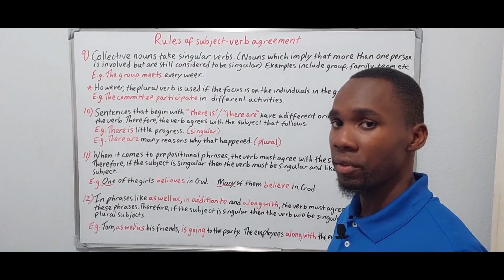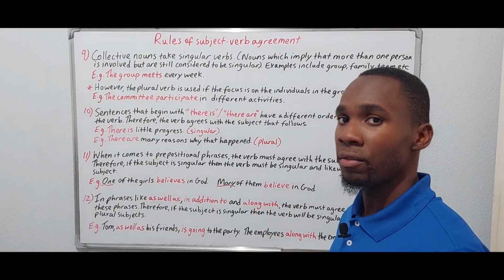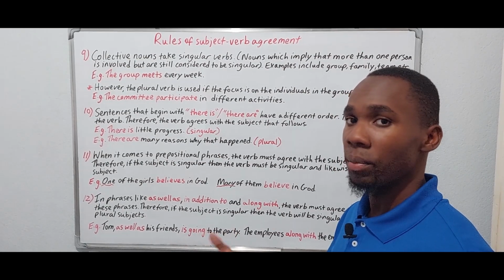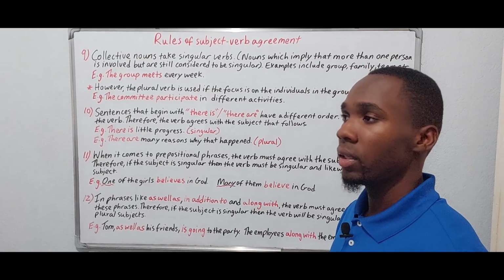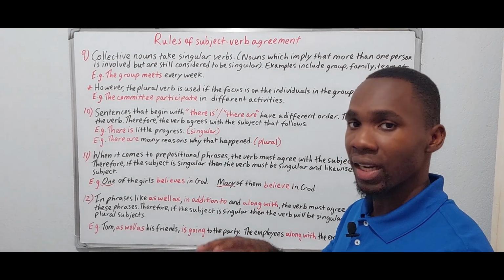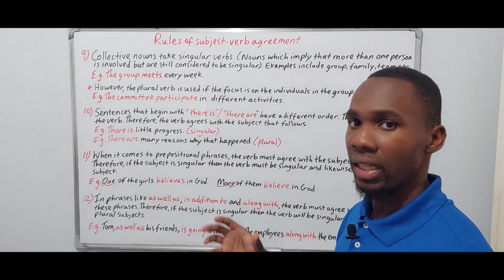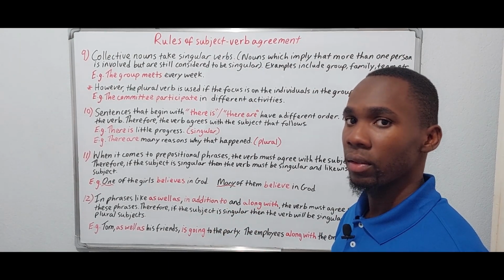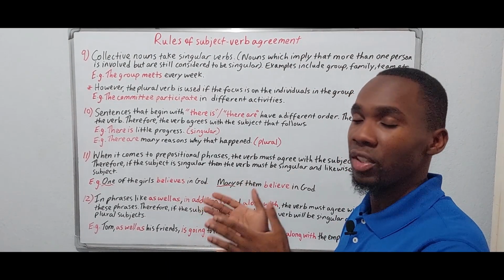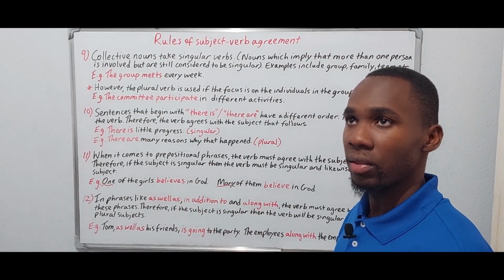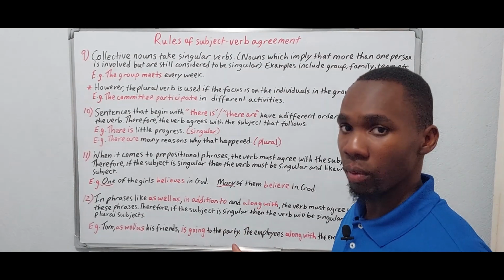So with collective nouns, obviously they involve more than one person, but they are regarded as singular because they're seen as an entity itself. The focus is not on the individuals within the particular unit or entity, right?